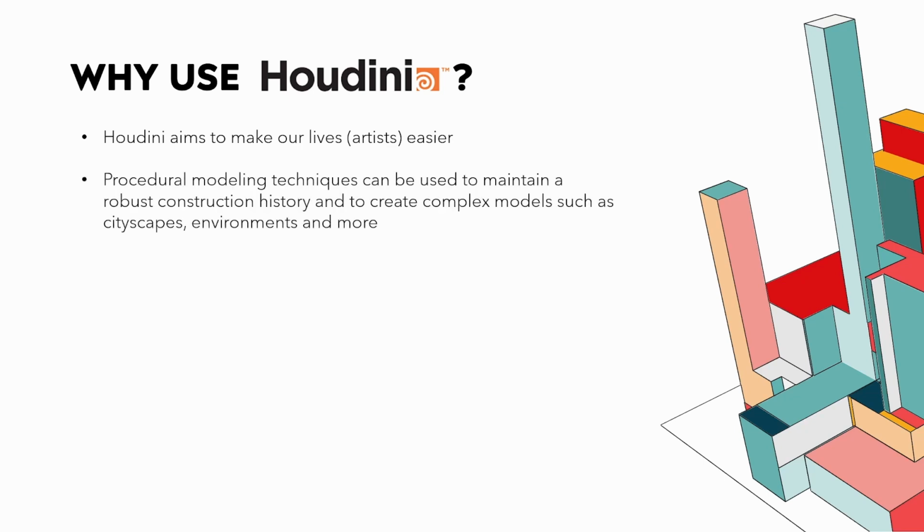Procedural modeling techniques can be used to maintain a robust construction history and to create complex models such as cityscapes, environments, and more. I've ripped this one straight off the Houdini website, so you're welcome for the free promo, Houdini. But essentially, because the software is node-based and procedural, our process is run down a chain of events, and we can go back at any point and alter any node of the chain to affect later operations.